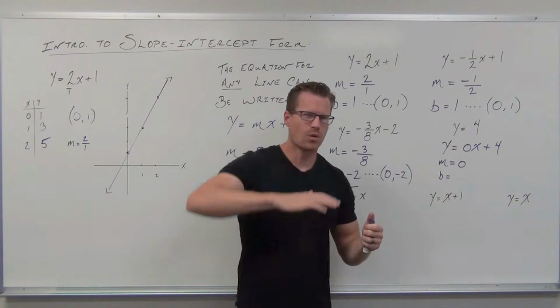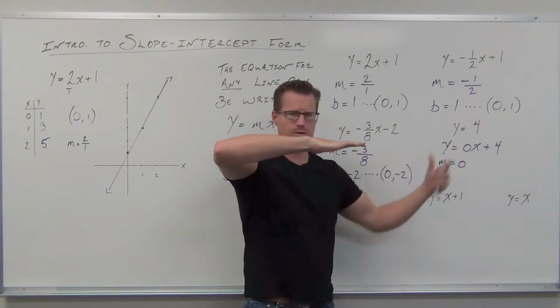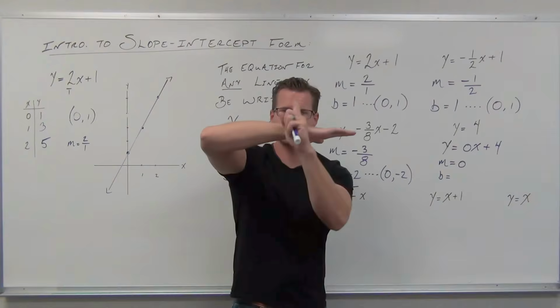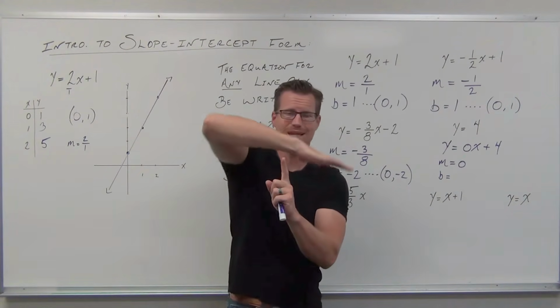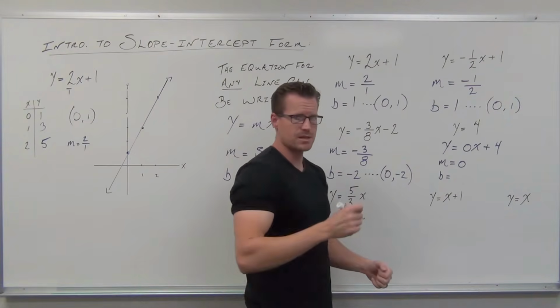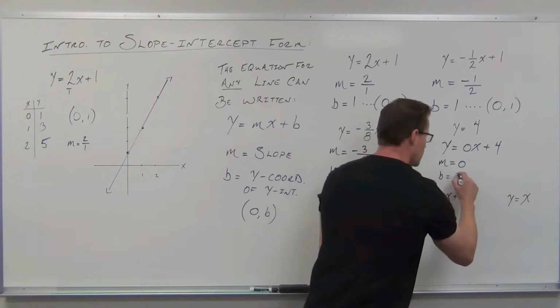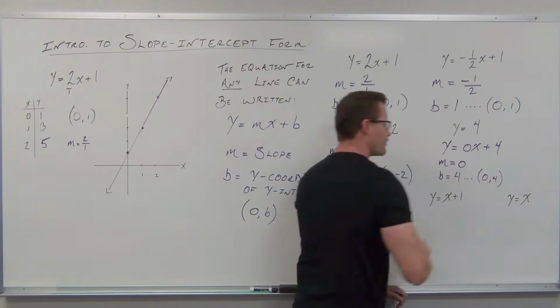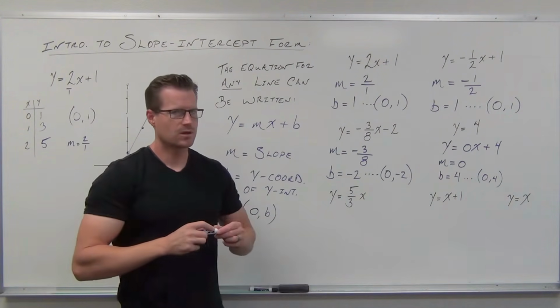If you have a horizontal line at y equals 4, it's going to have a y-intercept at 0, 4. It's going to touch the y-axis at 4. It can't do otherwise. It's not even moving up or down. It's only going horizontally. So your b, unsurprisingly, is 4. And you have a y-intercept of 0, 4. Go through that one again.